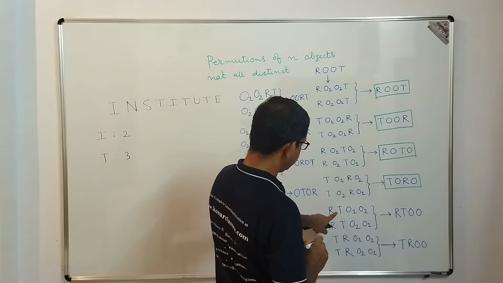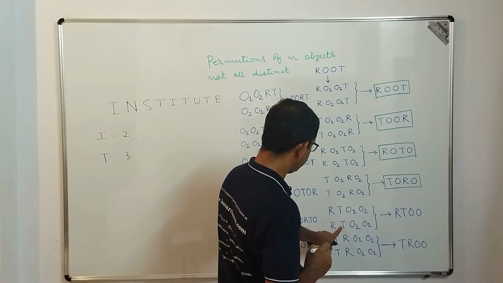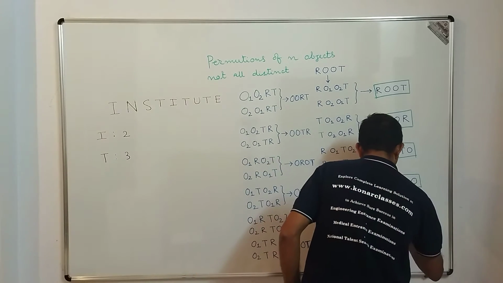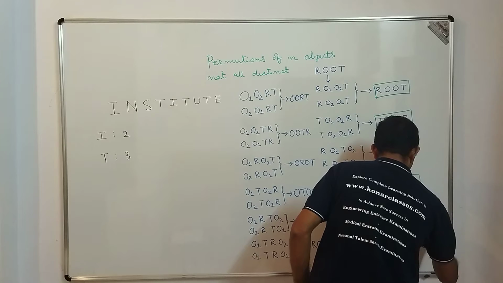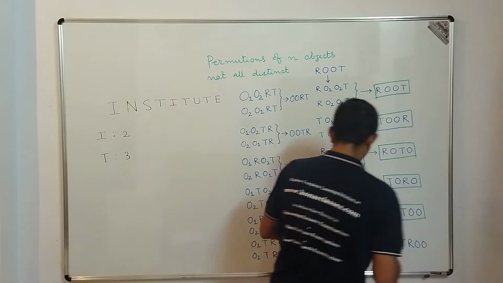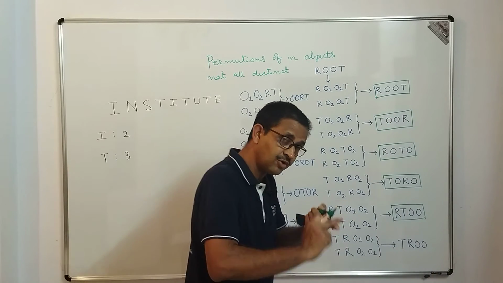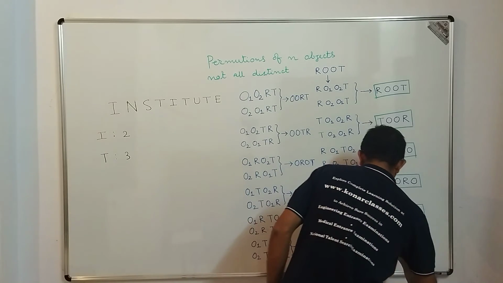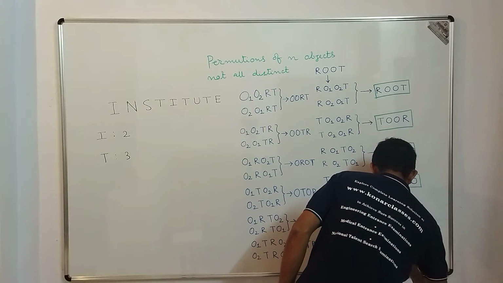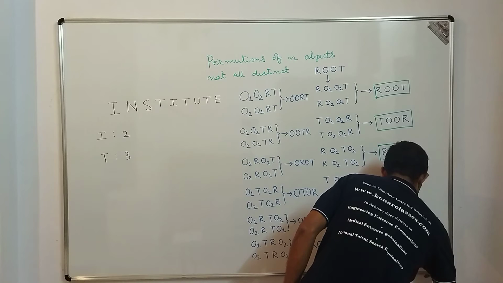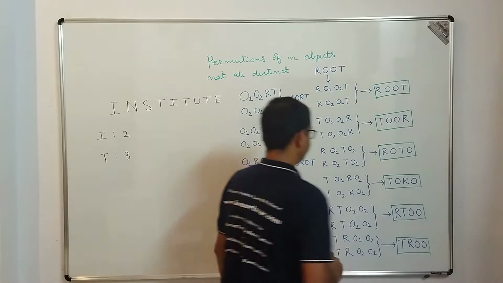Here also RTO1 O2, RTO2 O1 club together to get RTOO, and TRO1 O2 and TRO2 O1 club together as TROO.